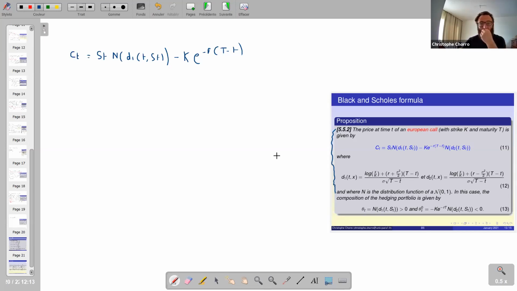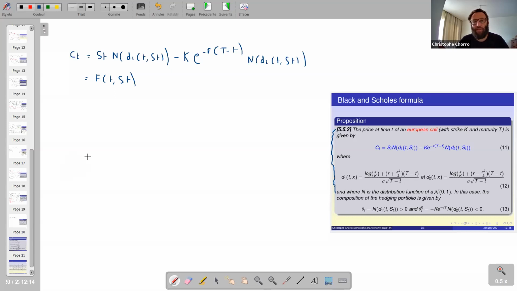So I have this, that is the price of a call option that I have proved previously with the Black and Scholes formula. And I have here N(d2(t,S_t)). And this is equal to capital F(t,S_t), the price function.